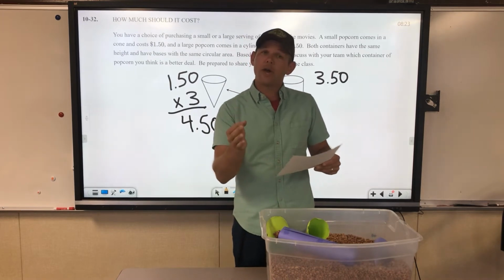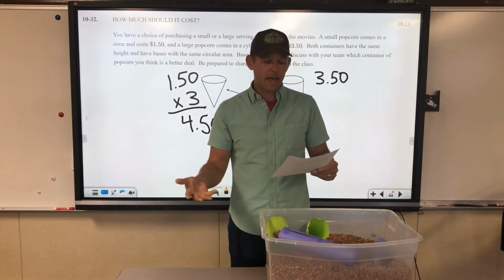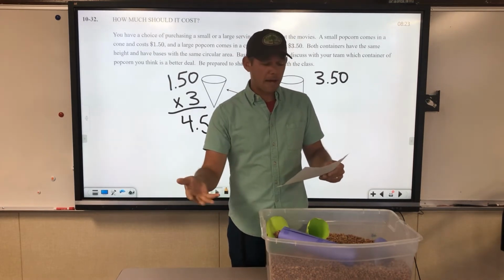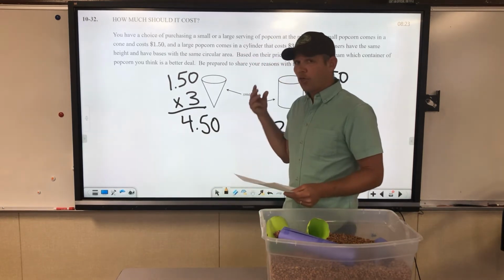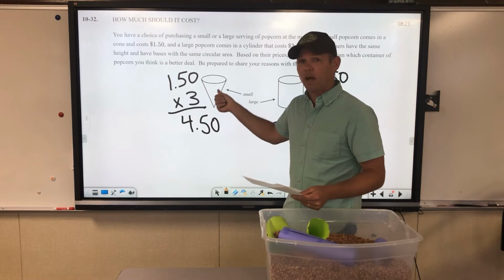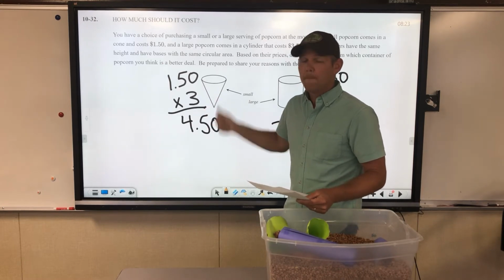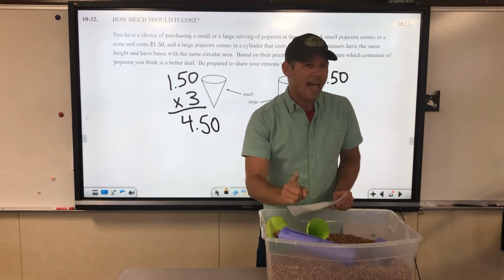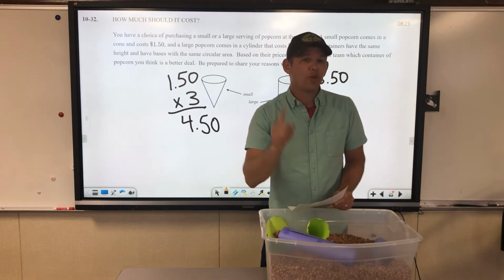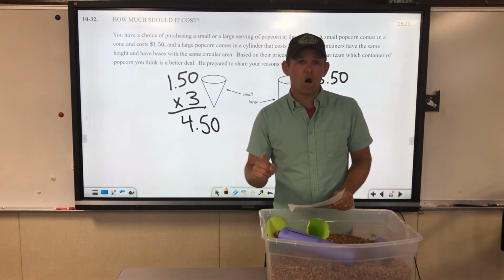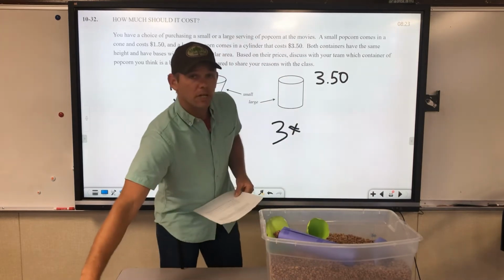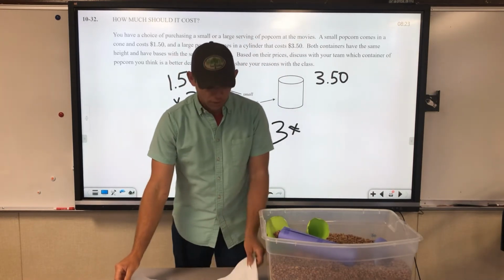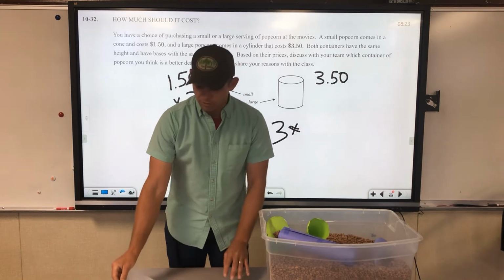So I want you to go ahead and write a sentence that says that the large is a better buy because it's 3 times the size of the small, but it costs $1 less than 3 smalls put together. Okay? If you need to pause to finish writing that up, please pause the video now.